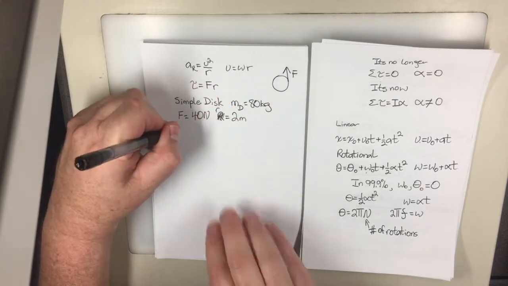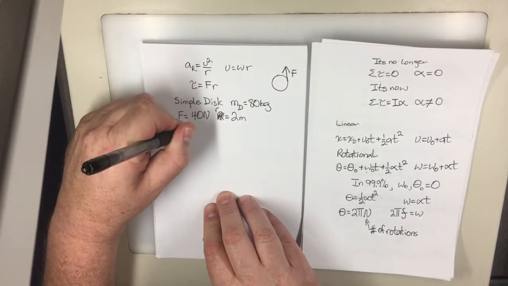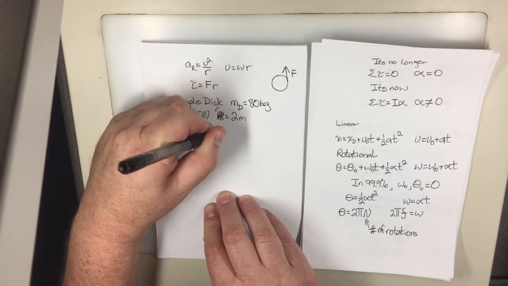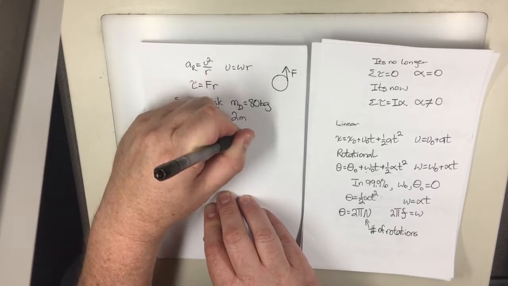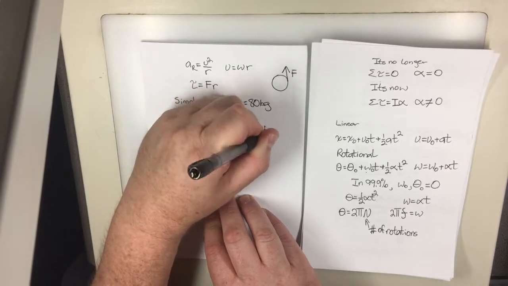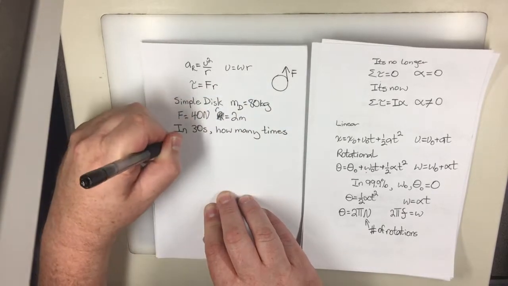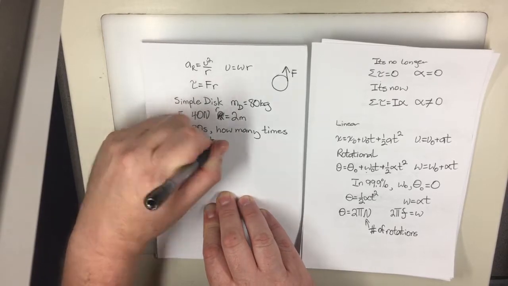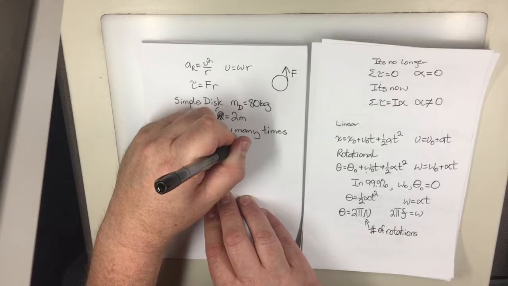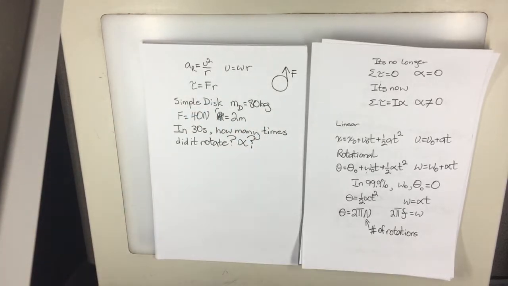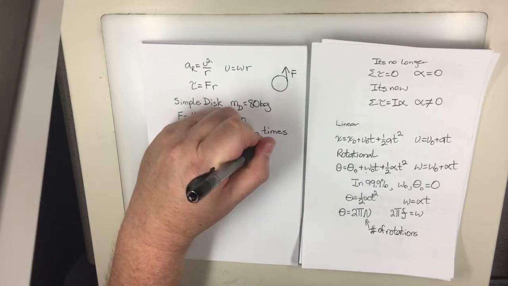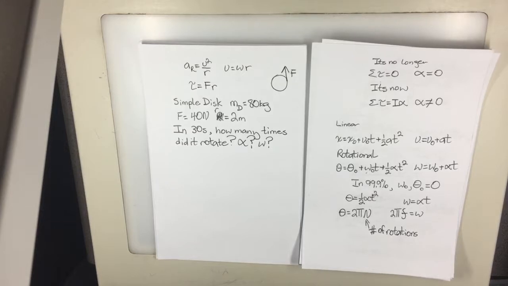I want to know, in 30 seconds, how many times did it rotate? What is the angular acceleration of the object? What is my final omega?